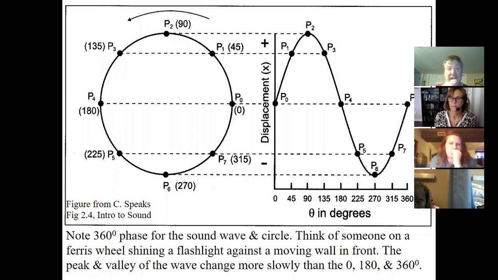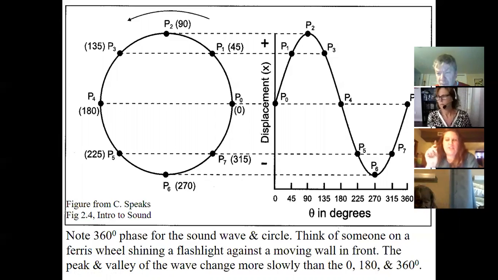So just like a circle has 360 degrees, one wavelength, one condensation, one rarefaction. The condensation is the bump on top. The rarefaction is the valley that follows. And guess what? Now the wave will just repeat the same thing, ad infinitum. But one condensation, one rarefaction is 360 degrees.